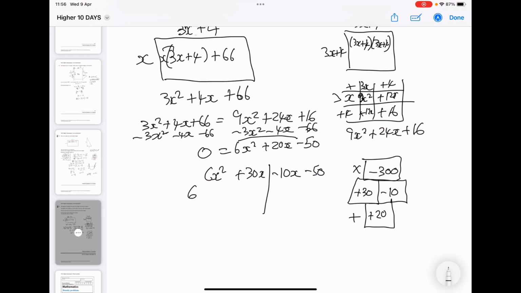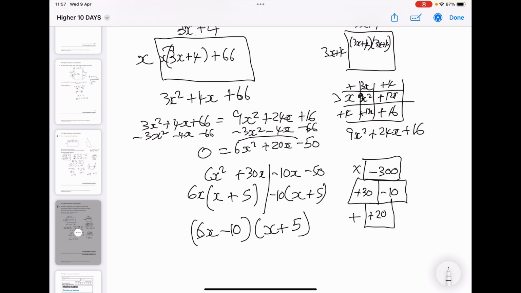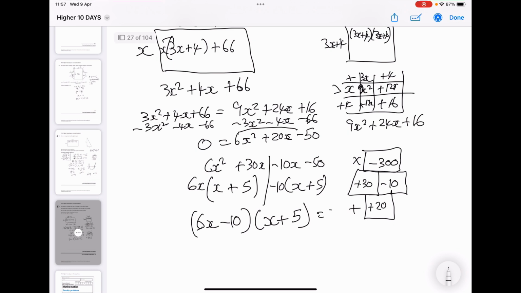So factorise that. 6x gives me x plus 5. If I do x plus 5, I've got minus 10 there. So I've got 6x minus 10, and I've got x plus 5. That equals 0. So 6x minus 10 equals 0, and x plus 5 equals 0.